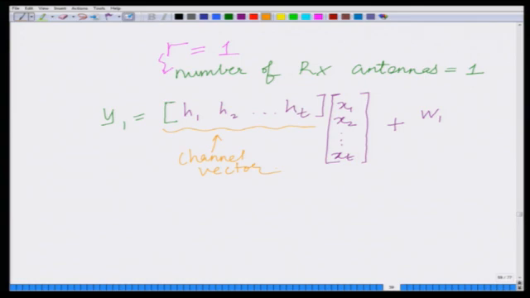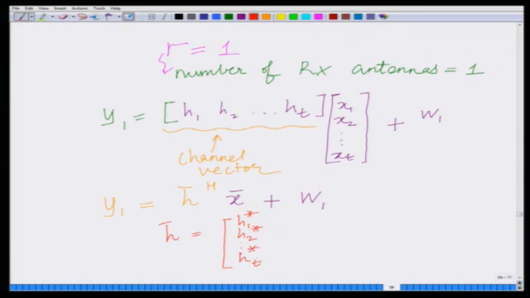Therefore, I can denote this as Y1 equals h bar Hermitian x bar plus W1, where x bar is the transmit vector, and my channel vector h bar conjugate is h1 conjugate, h2 conjugate, ht conjugate.